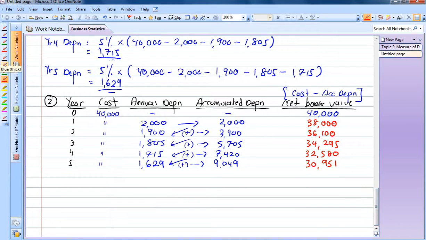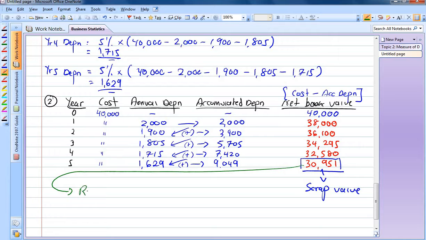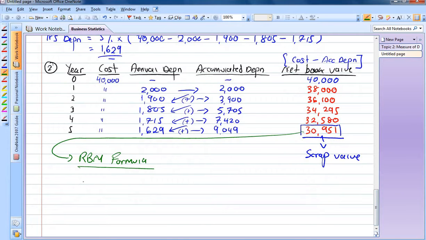Now, for the straight line method, you will get back the scrap value. You can check the answer. For the reducing balance method also, you can check the answer. We know that this is our scrap value. Okay, we can use the RBM formula to check our answer.